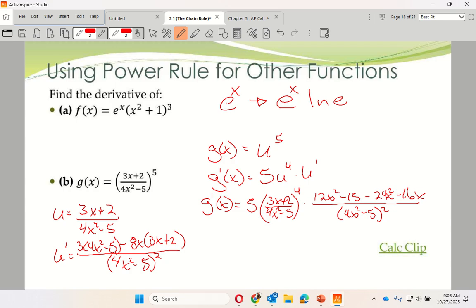So if that's log base e of e, that gives me what? 1. So it comes out to just being e to the x, because it's times 1 anyway. So yes, you could use that the same way, but I'm trying not to complicate your life. I think I do enough of that.